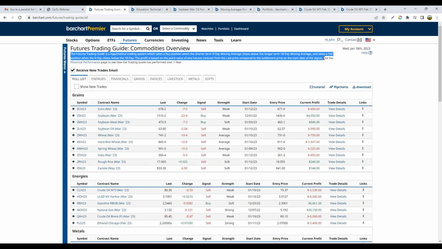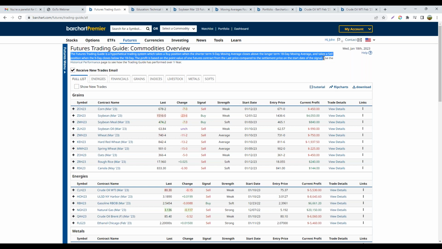Now, the profits that result from the trade are based on the point value of one futures contract, and that is from the last price compared to the settlement price on the start date of the signal. So there's a couple points here. First is that this is a trend following system.